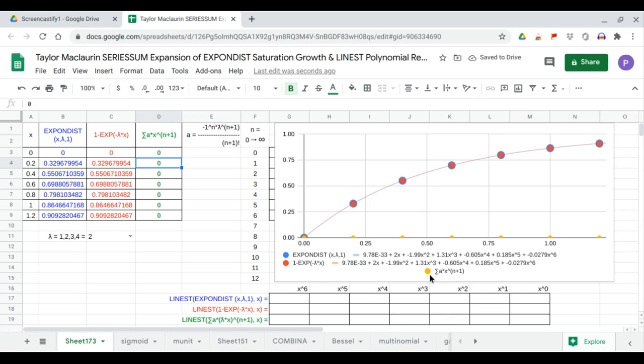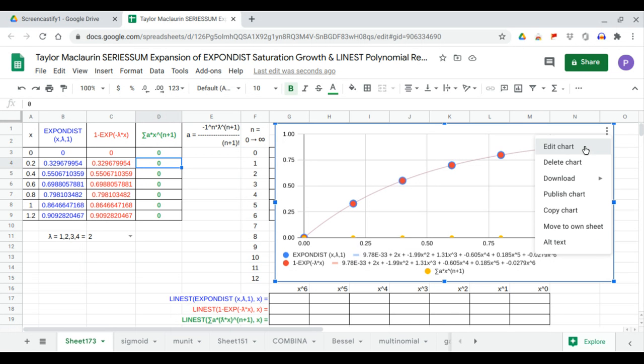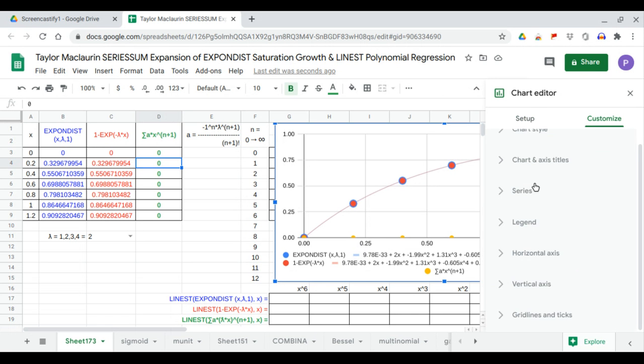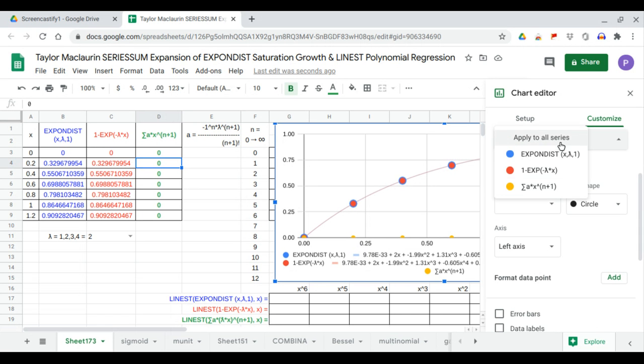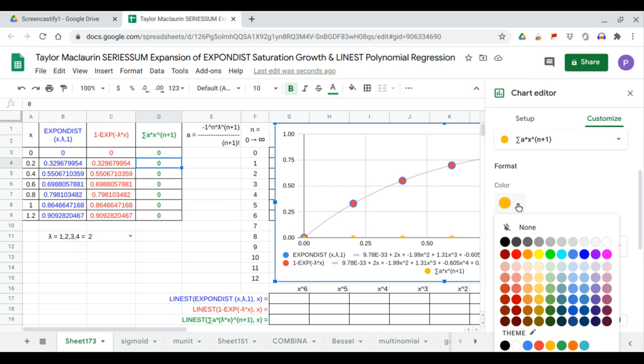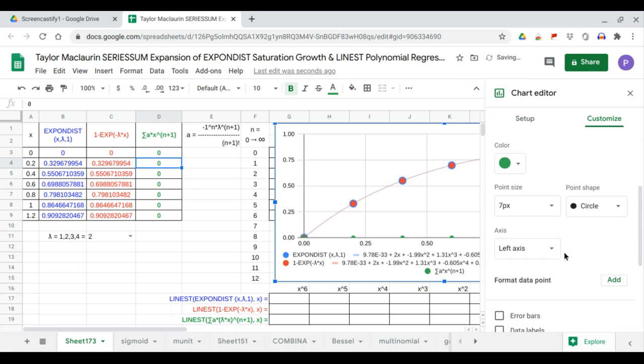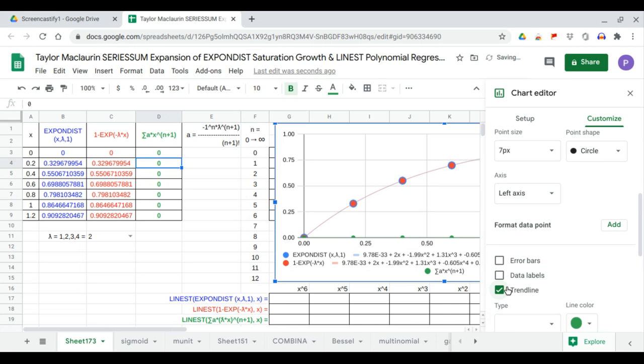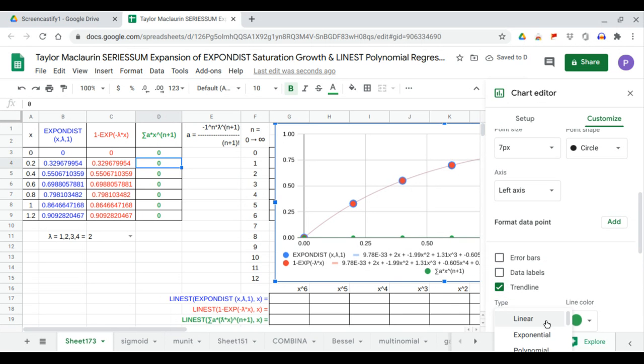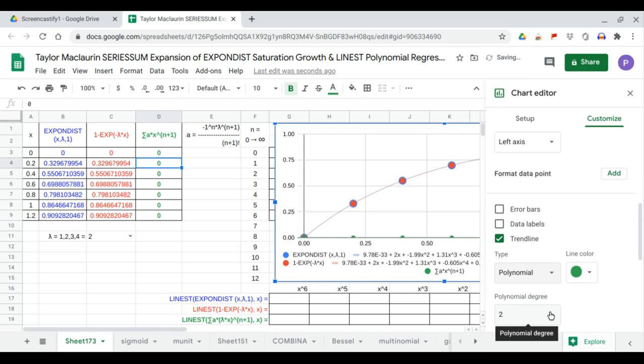So here we have yellow. We change that to green. So edit chart and the series. This time we'll change this to green. And also we add a trend line. Polynomial. Same degree, 6.